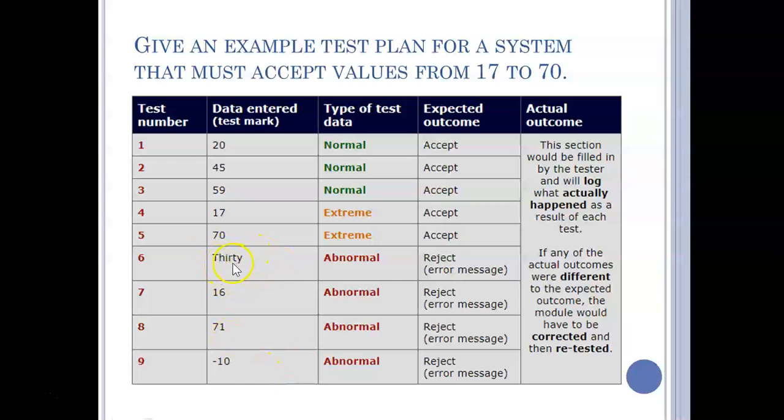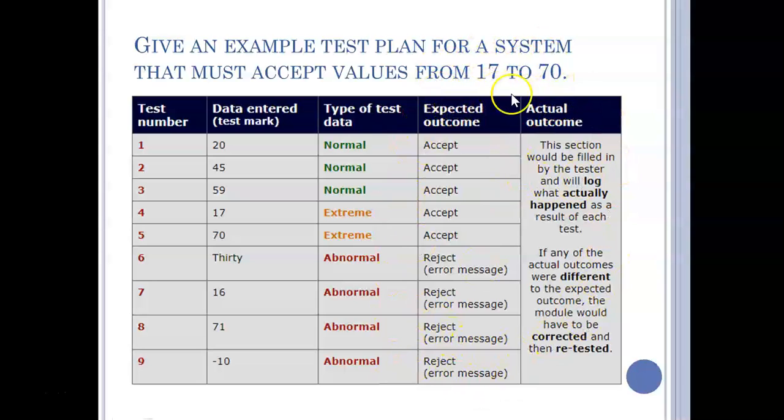30, that is text, that's not even a number, so that's outside of this range. The range is in number form, this is in text form, so that's abnormal. 16 is outside this range, 71 and -10, these are all outside the range of 17 and 70, so we would classify that as abnormal data. So again, just think of it like you're typing in a text box, some values.